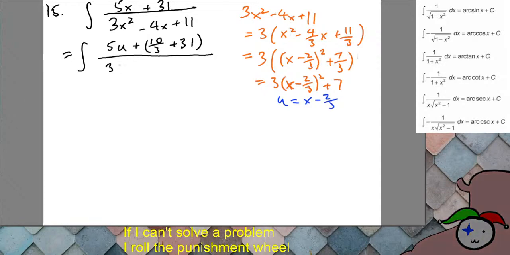Over 3 u squared plus 7 du. So you split this into 2. The u on the top and the units at the bottom, you can probably simplify that into an arctangent. u over u squared plus something.